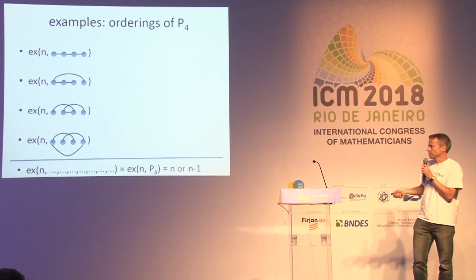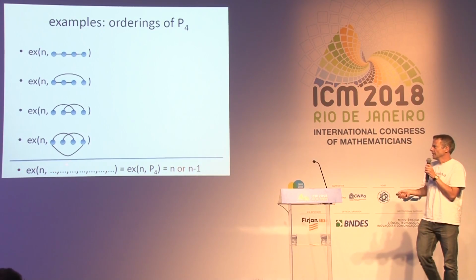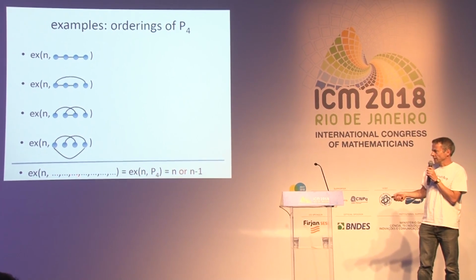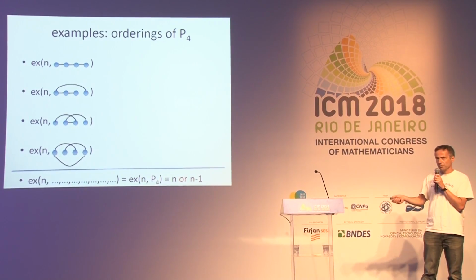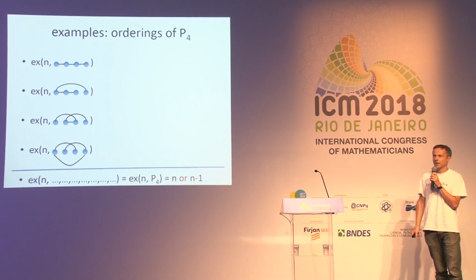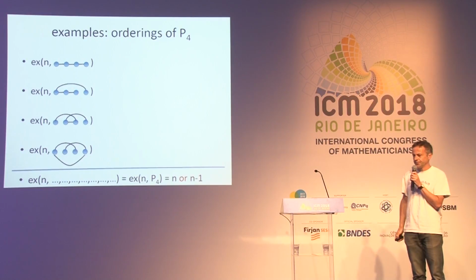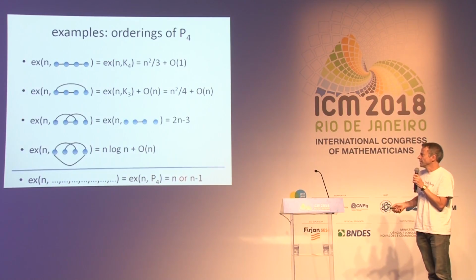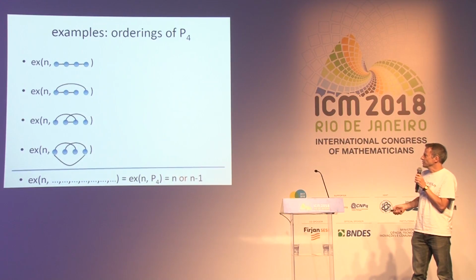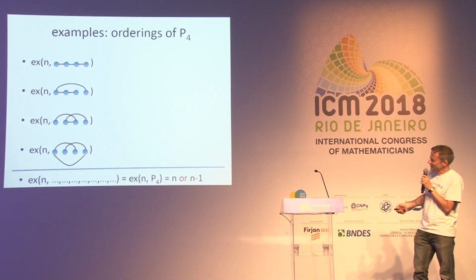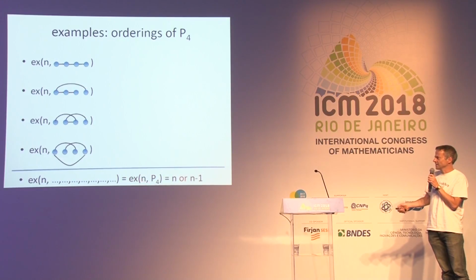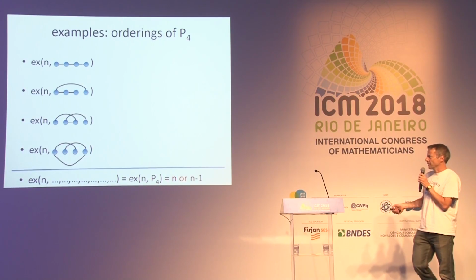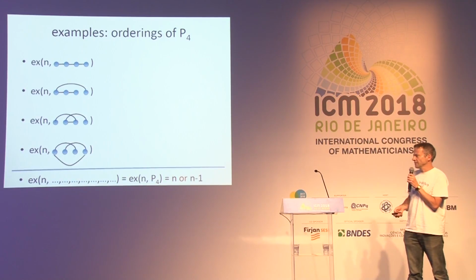But if you do forbid all possible orderings, so imagine that I draw here all these examples and more, I mean all possible orderings of the 4-vertex paths, then you get back the Turán-type extremal number for the path of length 3, and we know what that is.